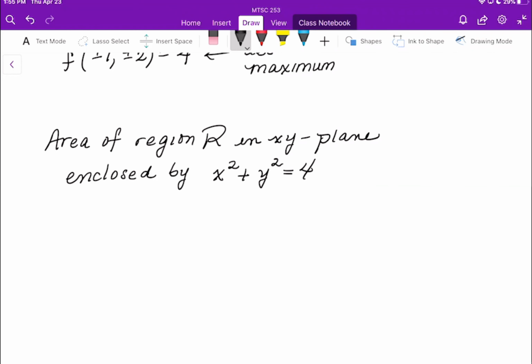If it's a circle, it's x squared plus y squared equals 4. It might be a typo. Yeah, I'm pretty sure it's equals 4. Above the line y equals 1, and below y equals square root 3 x.